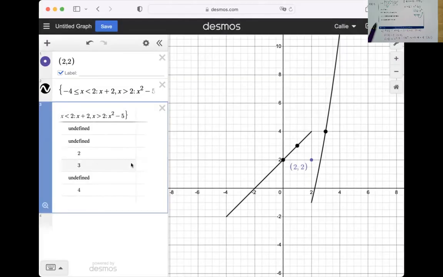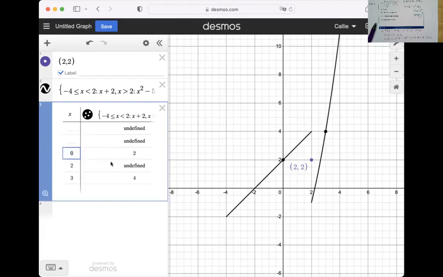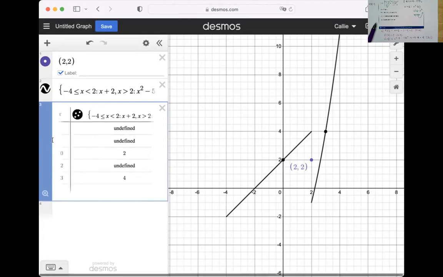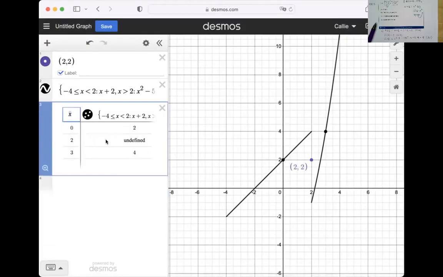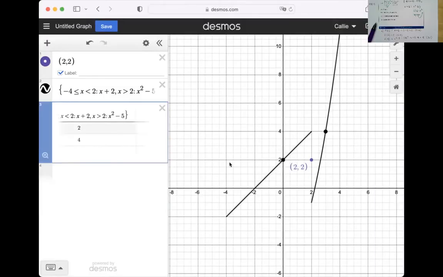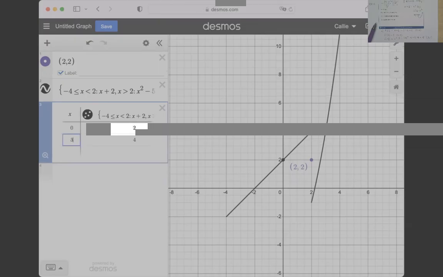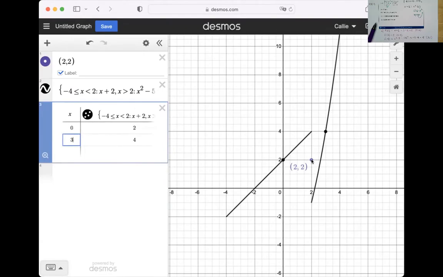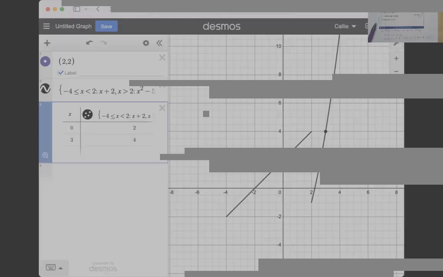I don't think they asked for 1, so I'll delete that to be less confusing. Don't be confused by Desmos. All right, when x is 0, y is 2, they put that point. When x is 3, y is 4, they put that point. And then we also know that f of x equals 2 when x equals 2 is on there. So that's that point. I added that separately.